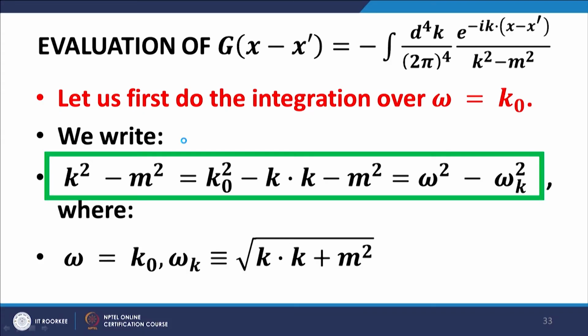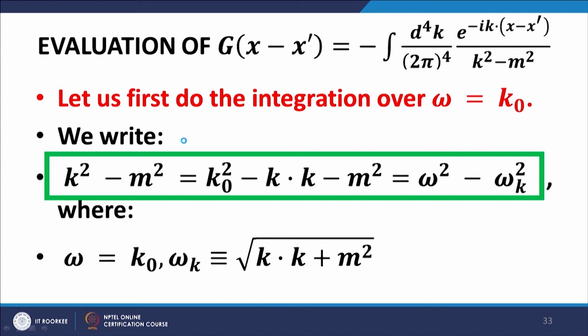Now, let us evaluate the time component of this integral. In other words, we work out the integration over k0, which we write as omega. Now, k square minus m square we write as k0 square minus k dot k minus m square, where k0 is the time component of the wave vector and k is the space component of the wave vector.